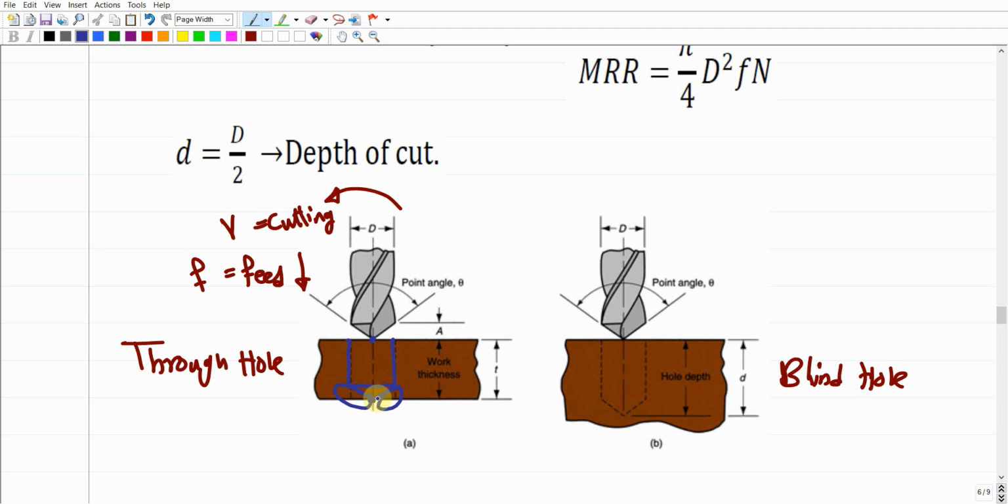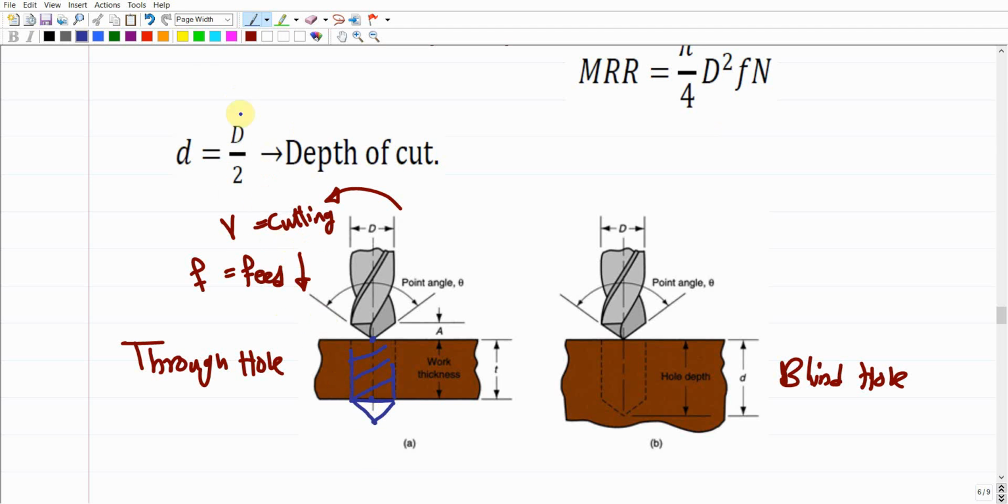It means that to completely remove these parts, this horizontal line here should be moved up to here, right? It means that this step should be moved down farther, so the horizontal line will be kind of here, right? So we make sure that we have completely opened this through hole.